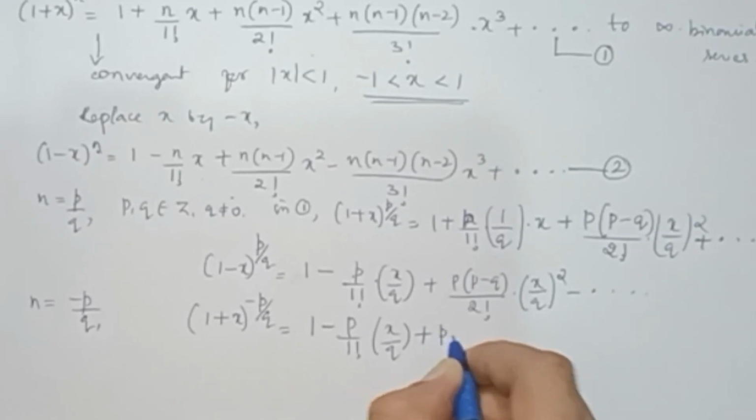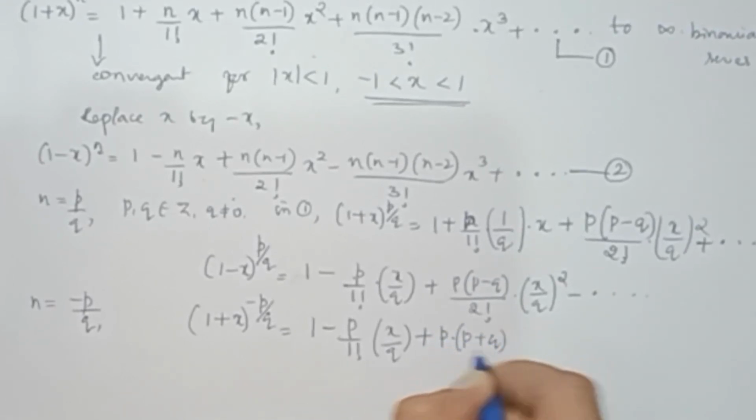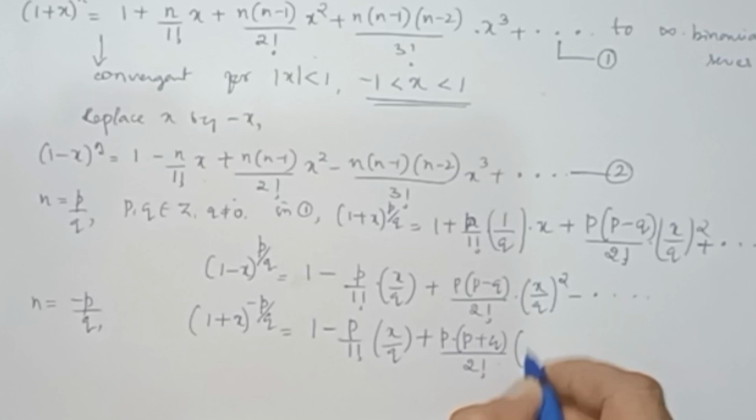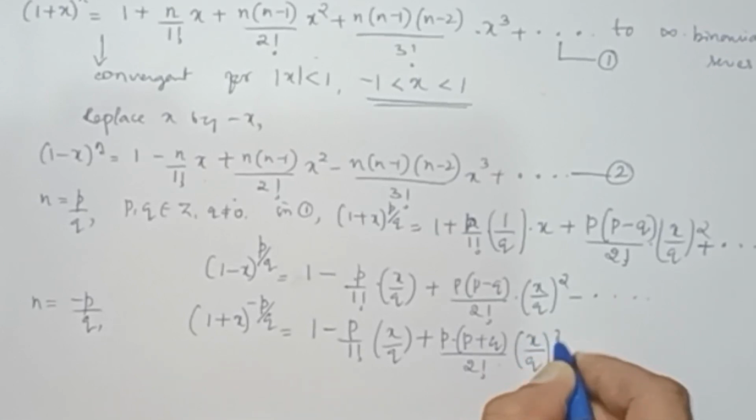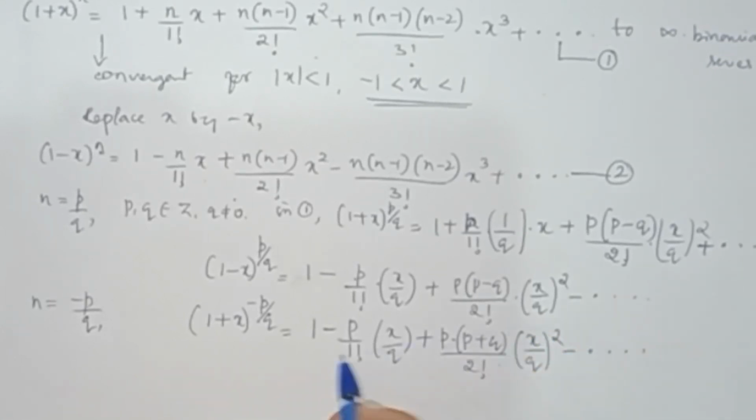So that is p(p + q)/2! (x/q)^2 - and so on. Alternating plus and minus, but the difference is here it is p + q.